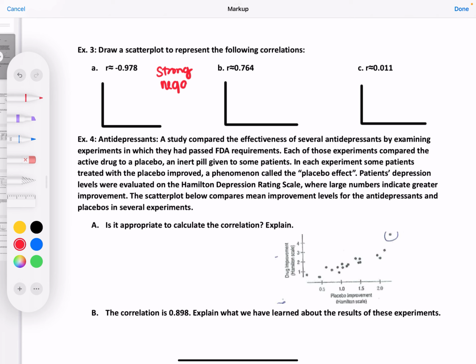Strong, negative, linear. So everything pretty tight together there. What about the next one? Moderate, positive, linear.